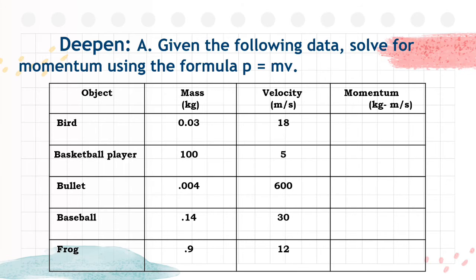Baseball, if the mass is 0.14 kilogram and its velocity is 30 meters per second. Lastly, find the momentum of a frog if the mass is 0.9 kilogram and its velocity is 12 meters per second.